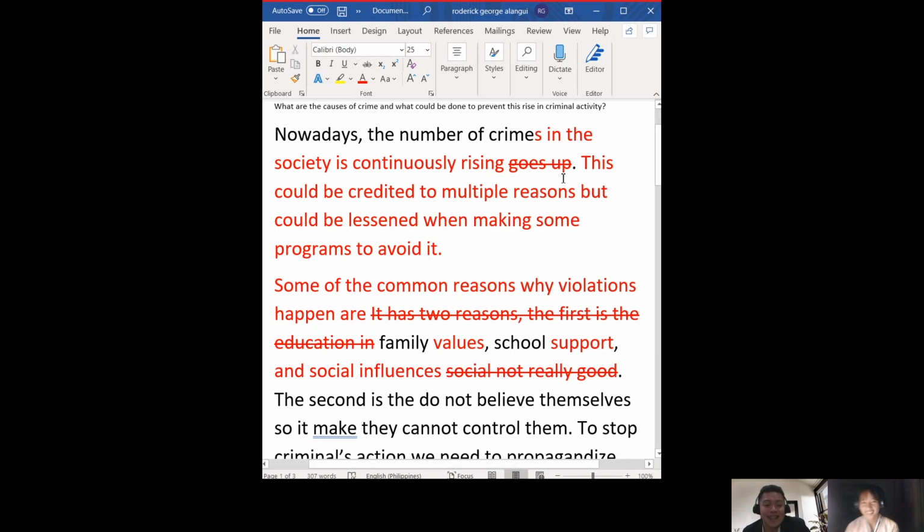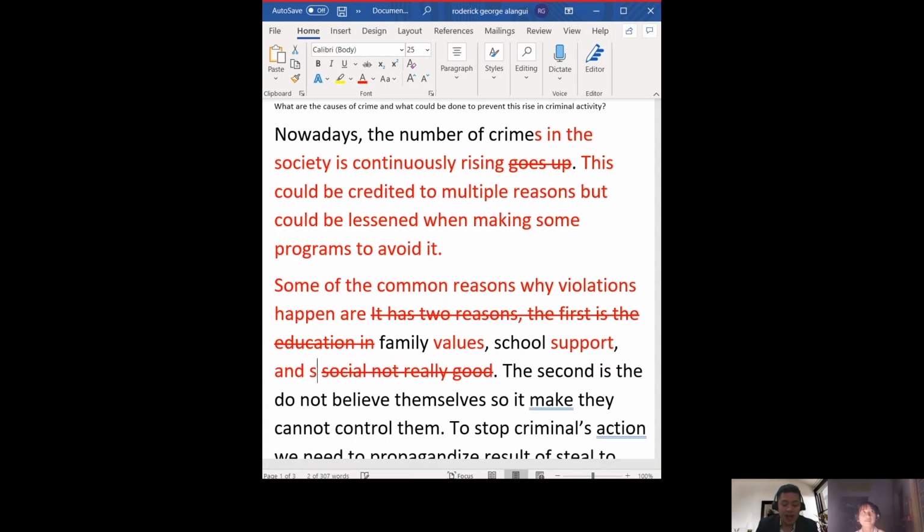Social influences means other people, because of high pressure from the society.